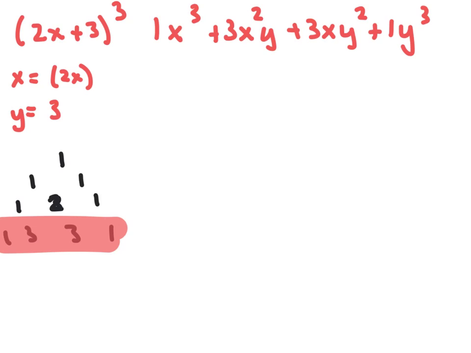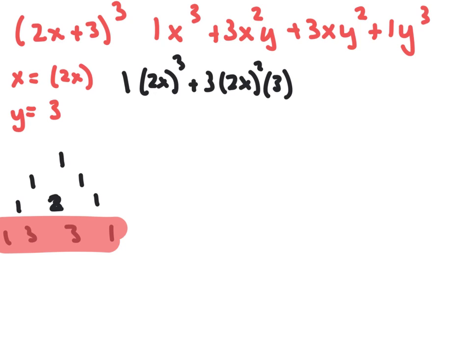Now, I'm going to substitute in where I see an x, a 2x, so 2x cubed plus 3 times 2x squared, and the y value is a 3 this time. And then I'm going to have my 3 times x, and x is a 2x, and my y is a 3 squared.